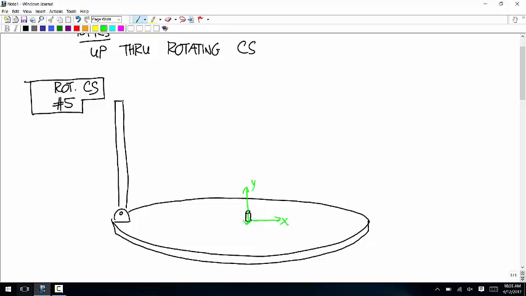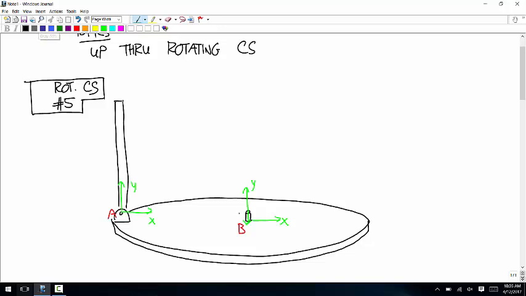X, Y, like that. Yeah, so this is B, and this is A. And you're going to do it in both of those two coordinate systems.